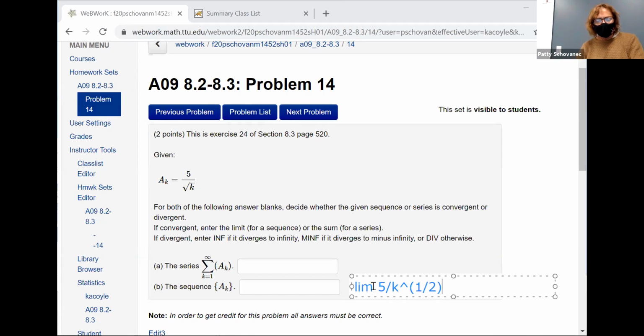So what's happening to these terms as k becomes infinitely large? It's going to go to 0. So that's our answer here. The sequence converges to 0.